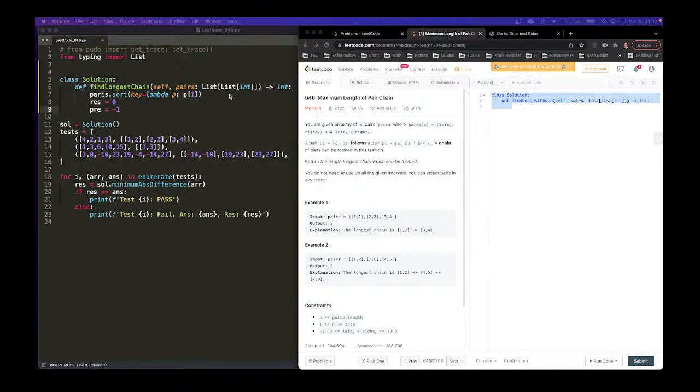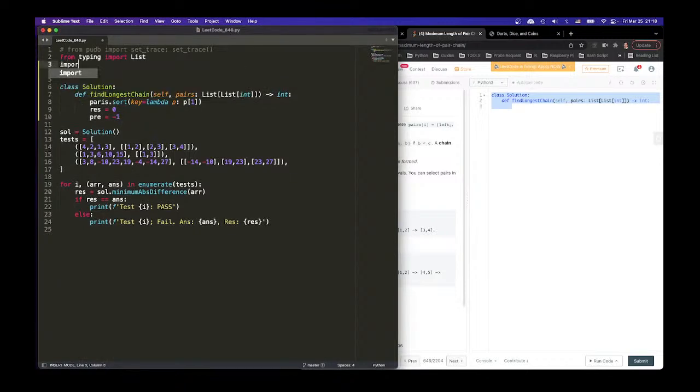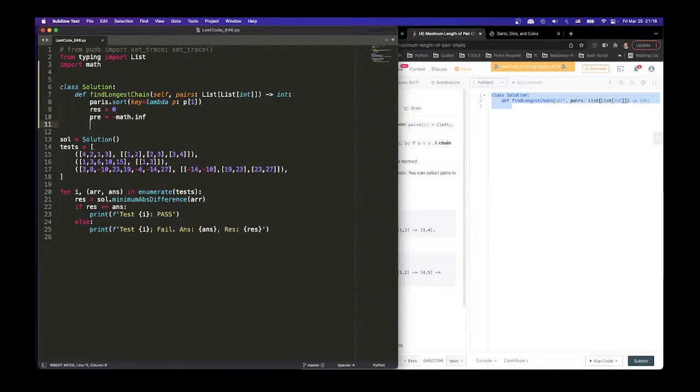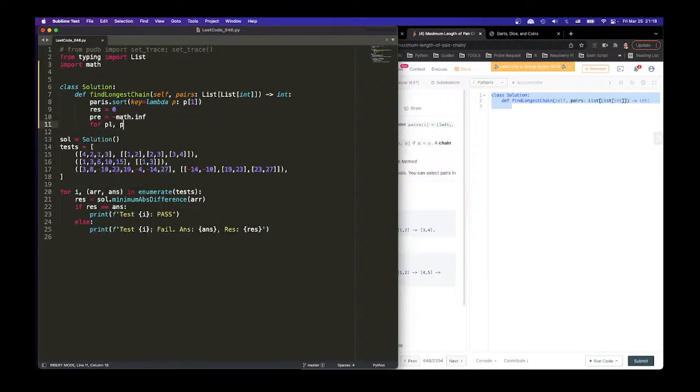And then what do we do? Oh, the left can be negative. Okay, doesn't matter. So we just do math.inf negative. So all we want to do is, let's say for PL, PR in pairs.